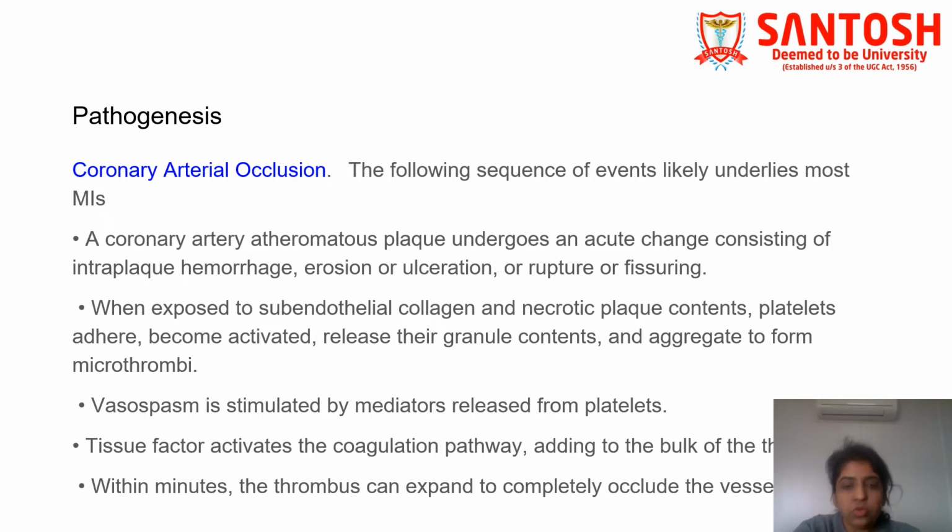When exposed to subendothelial collagen and necrotic plaque contents, platelets adhere, become activated, release their granule content, and aggregate to form microthrombi. Vasospasm is stimulated by mediators released from the platelets. Tissue factor activates the coagulation pathway, adding to the bulk of the thrombus, and within minutes the thrombus can expand to completely occlude the vessel.